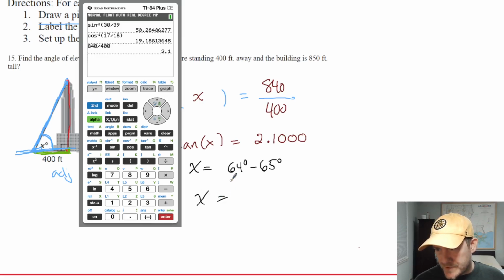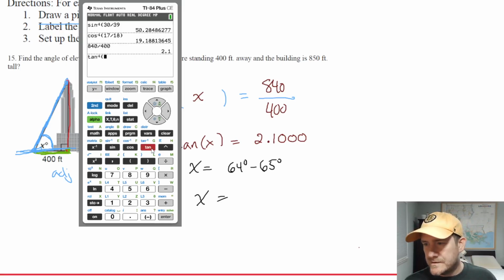Although, if your calculator is fancy enough, then we could instead do inverse tangent of 850 over 400. Just type in the original fraction.